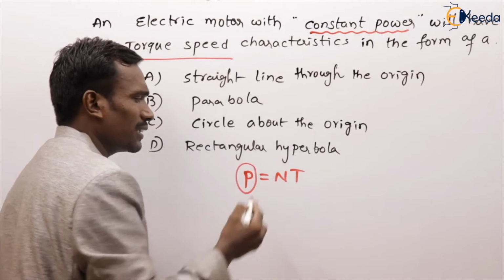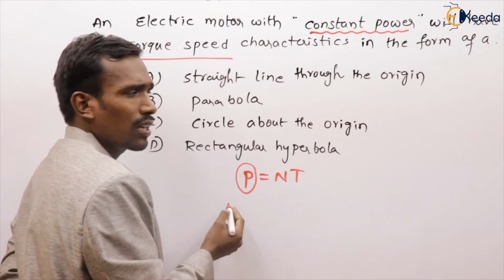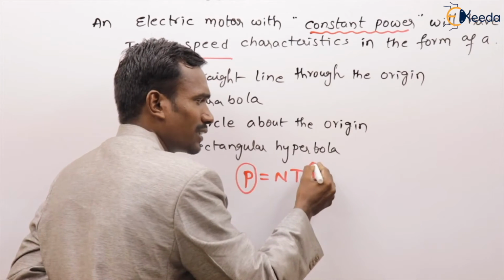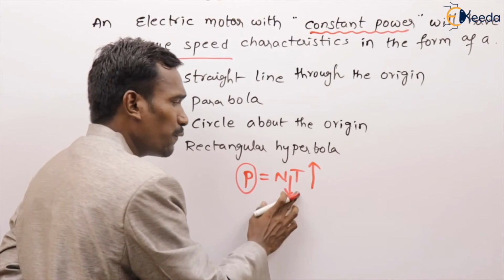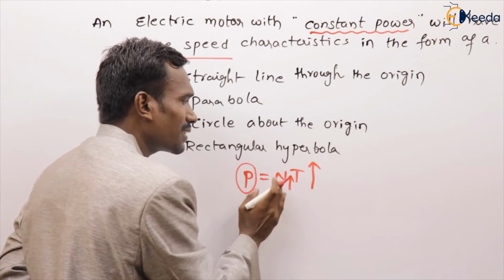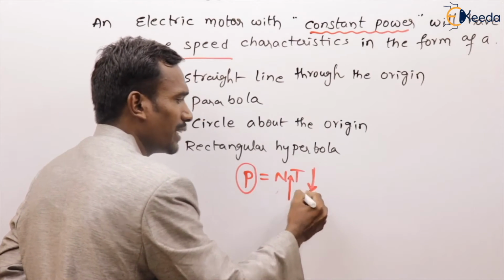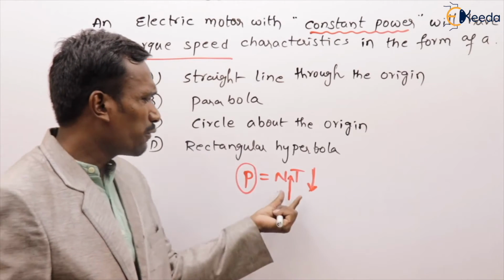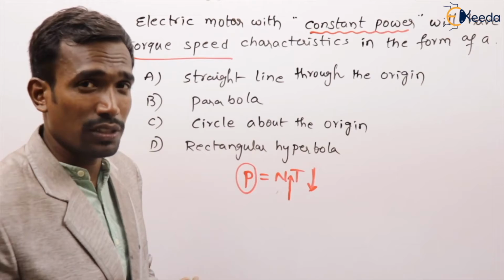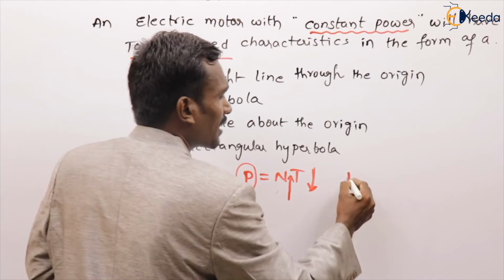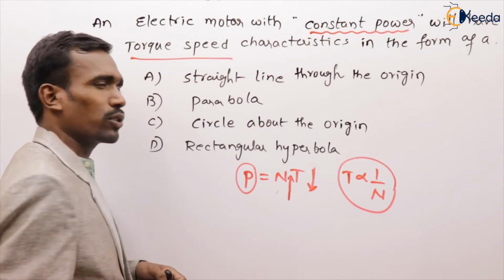They said that the power is constant. If torque increases, speed decreases. If speed increases, torque should decrease. Nothing but if one increases, the other decreases. That is inversely proportional, right? So the torque is inversely proportional to speed.